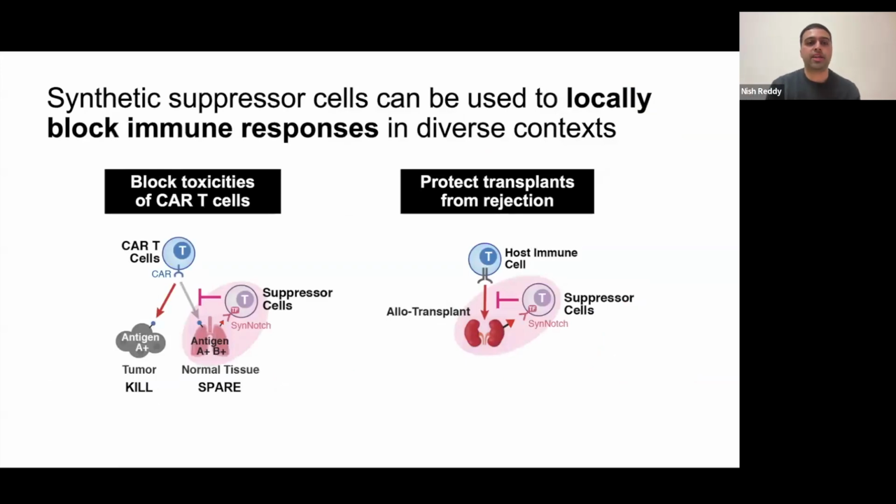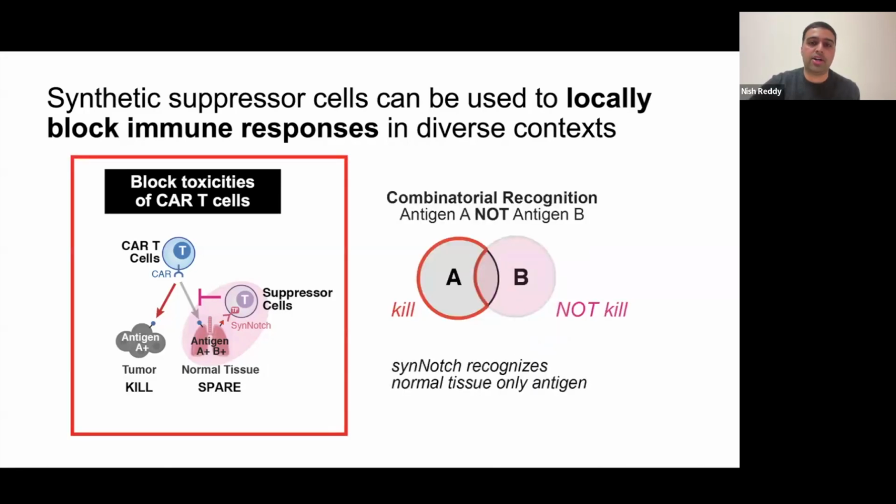So we wanted to look at whether these synthetic suppressor cells could locally block immune responses in a couple of different contexts. One of the contexts that we were interested in was blocking the toxicities of CAR T cells. A lot of CAR T cells are used for trying to treat solid tumors, but many of the antigens that these CAR T cells recognize are also found on other tissues.